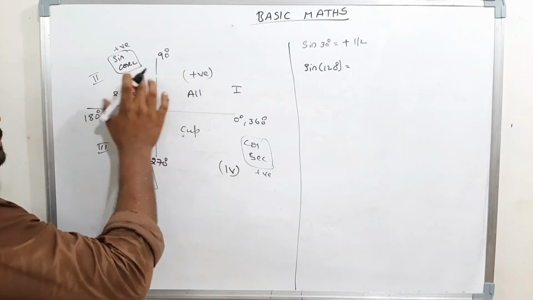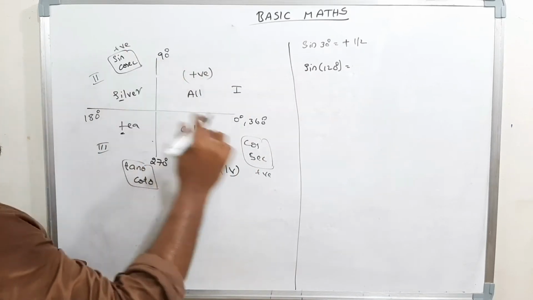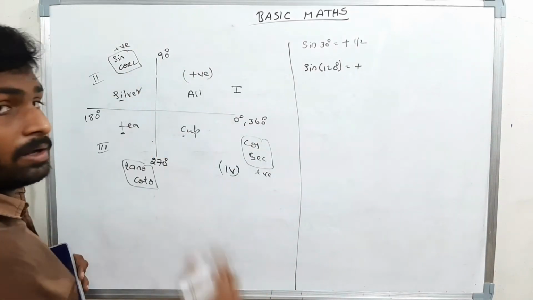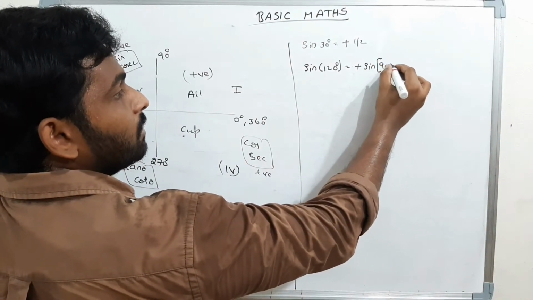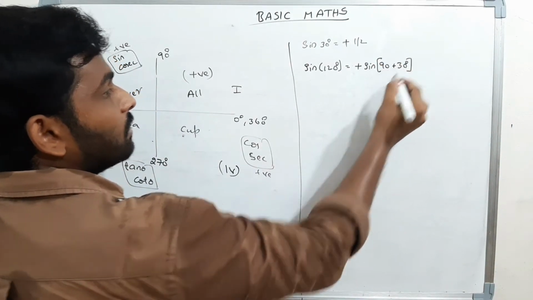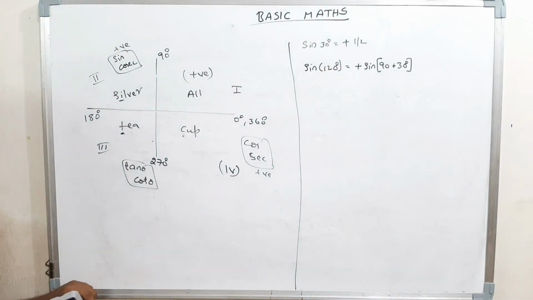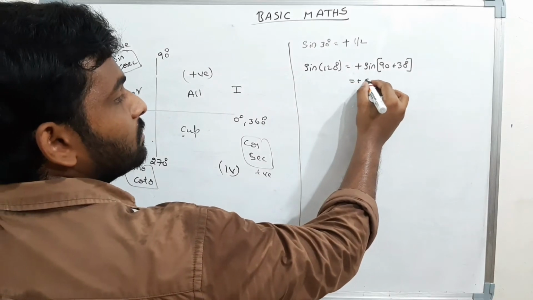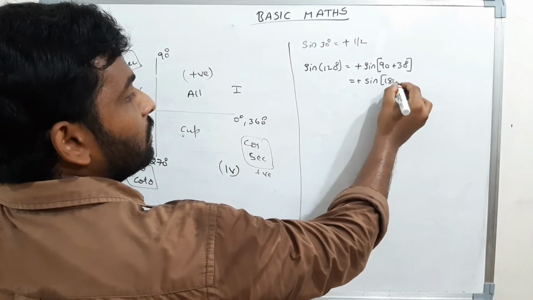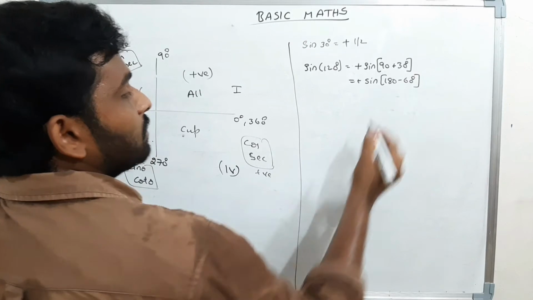Even in the second quadrant, sine is positive. Therefore, plus. What can I write? I can write it as sine (90 plus 30) degrees. Can I write like that? Yeah, I can write. Or I can write as plus sine (180 minus 60) degrees.